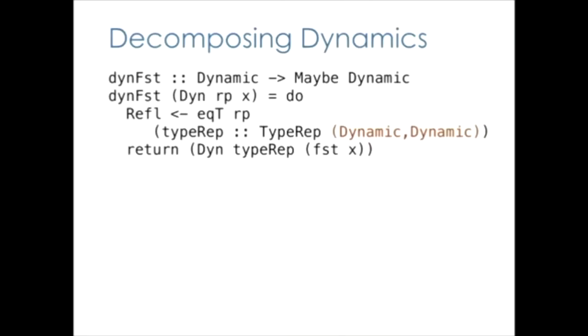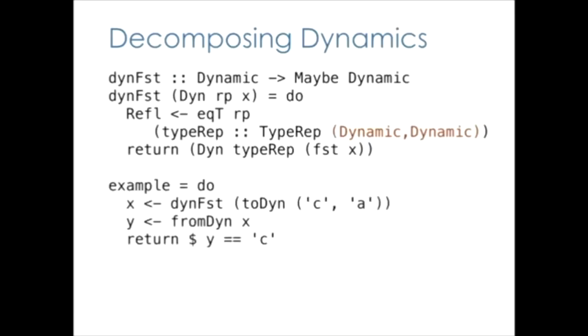But what happens? It's a little weird, because we don't get the behavior maybe that we want. What happens if we do this code, where we create a dynamic with toDyn, and it's a pair, and then we say, okay, give me the first component of that pair?